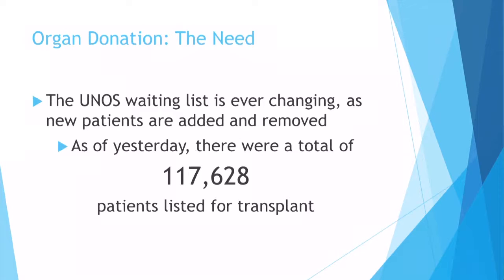So briefly, before I get into the need here, how does the whole allocation process work? Is it literally a click of a button? At LifeBank, we have family support liaisons who are out there in over 80 hospitals. When a potential organ donor is identified, they offer their loved one the opportunity to be a donor, or if the person has made the decision themselves to be a donor, we help to facilitate that donation.